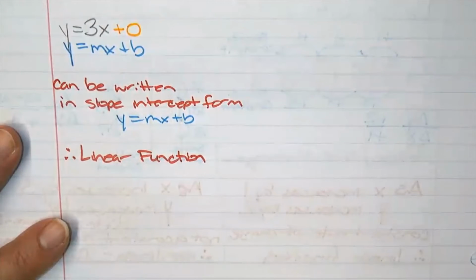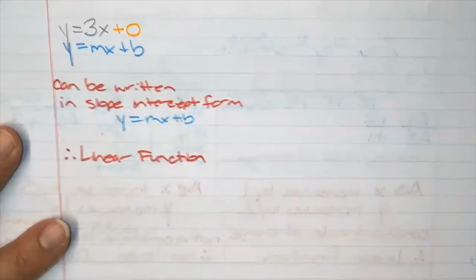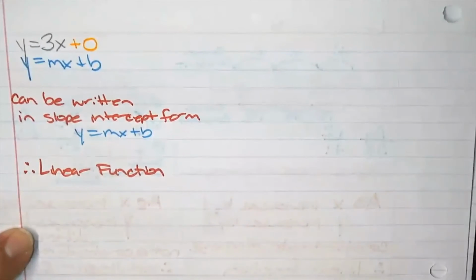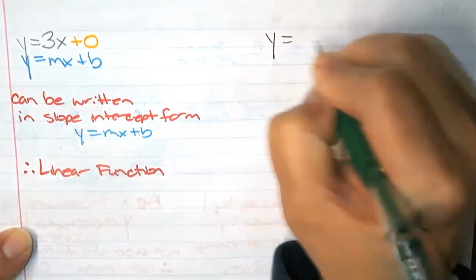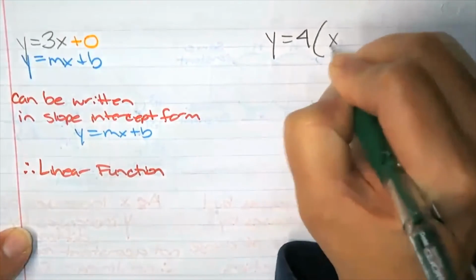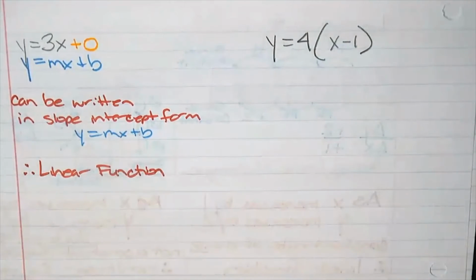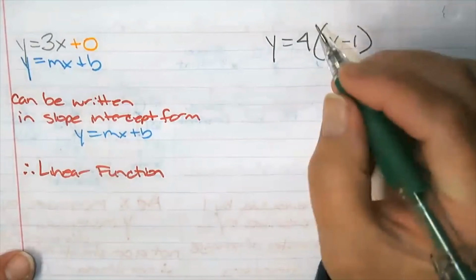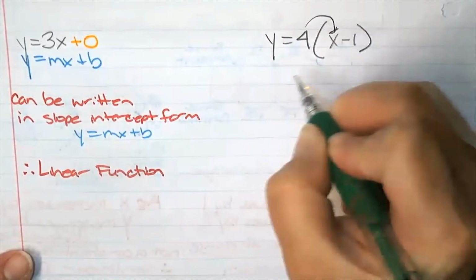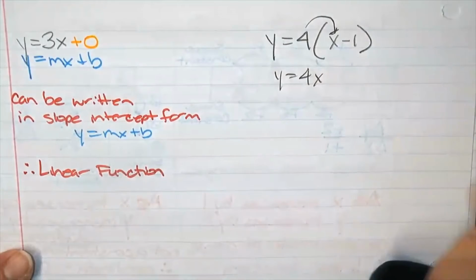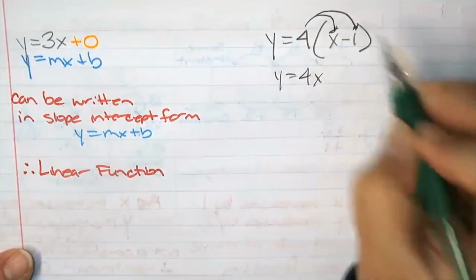Let's do another one. Y equals 4 times x minus 1. Now, when you first look at this, it is a function, but it does not look like it's written in slope-intercept form, does it? Y equals mx plus b. Well, let's distribute it out and see what happens. Y equals 4x, multiply 4 times negative 1.